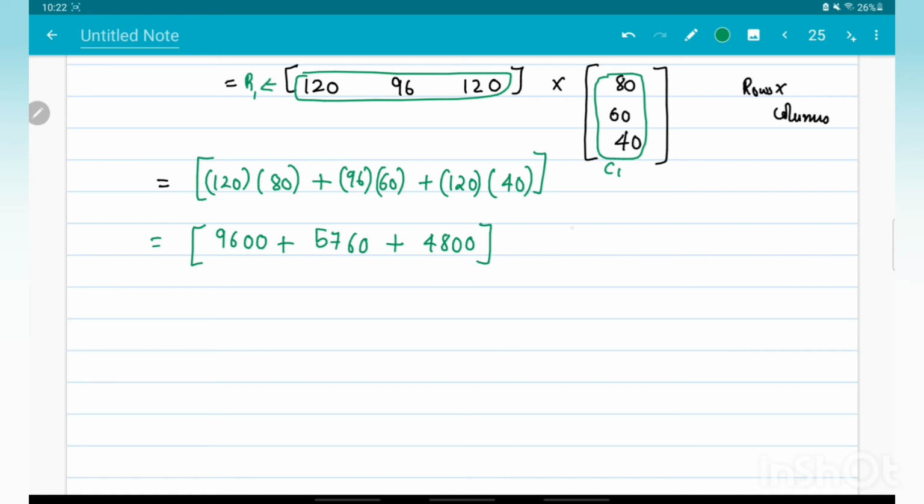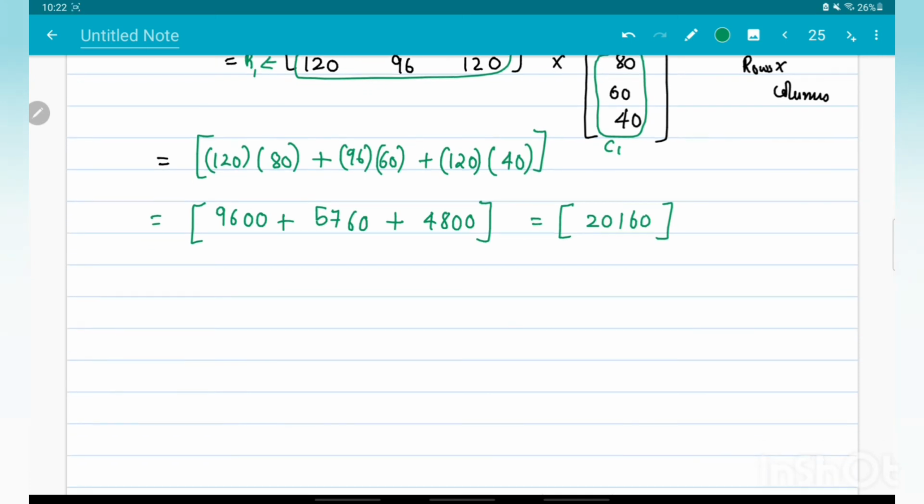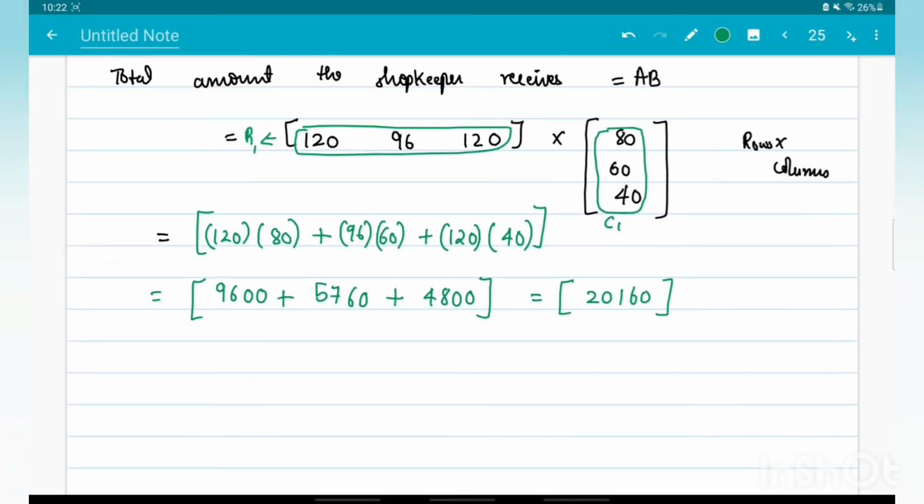Yeah, so this is what we get, and then when we add all three, we get 20,160. Okay, no need to write it like that, 20,160. So this is what we get. Now this is our final answer, that is, this is the total amount which the shopkeeper receives, and we have done this question with the help of matrix algebra.